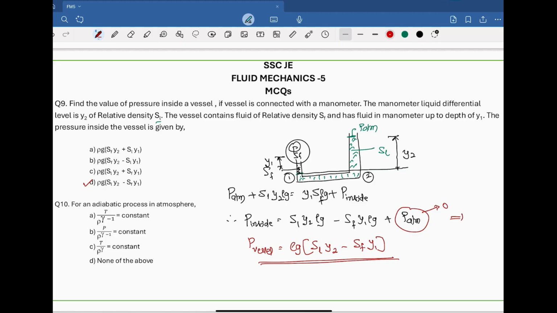In that case, for an adiabatic process, T by rho to the power of gamma minus 1 is equal to constant. Gamma is the ratio of specific heats. Please remember this formula. This is the direct question.